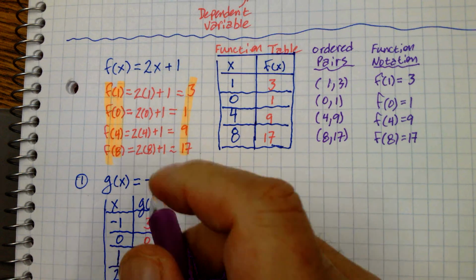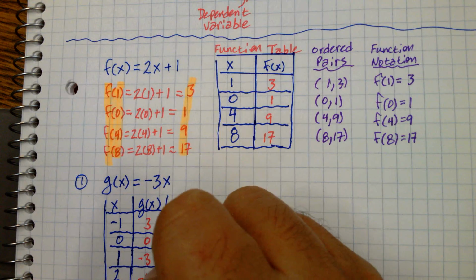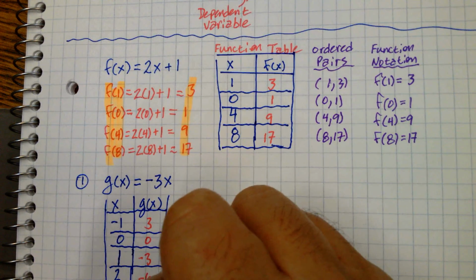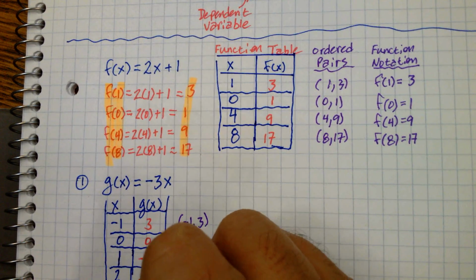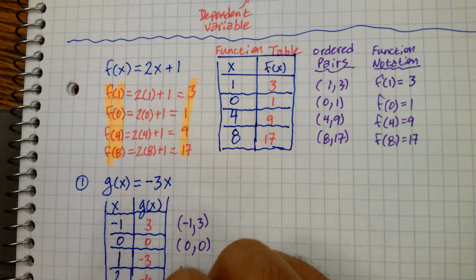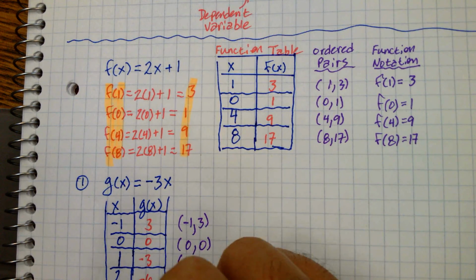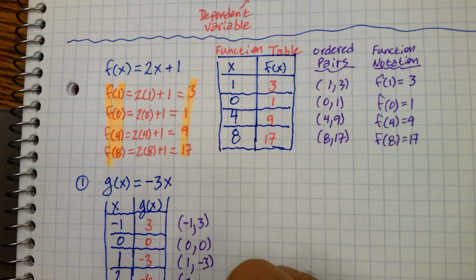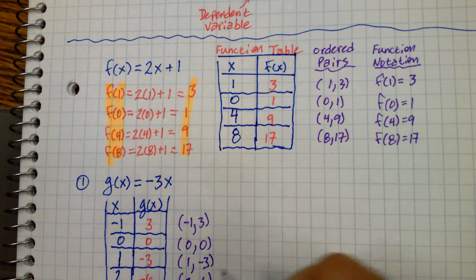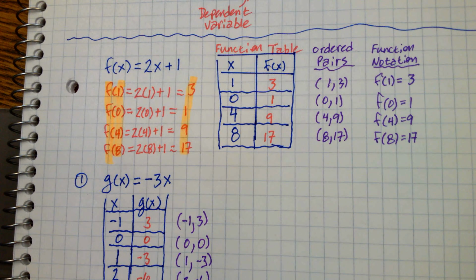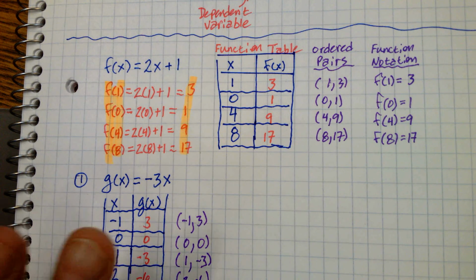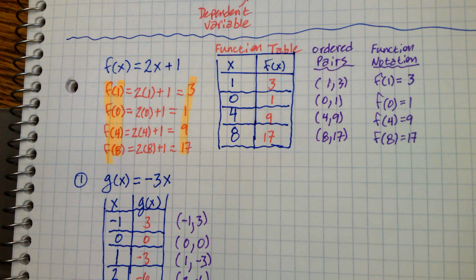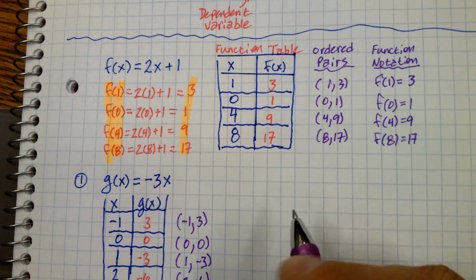Let's do the ordered pairs. Okay, so those are the ordered pairs. So we did a table, ordered pairs. Now let's do function notation.